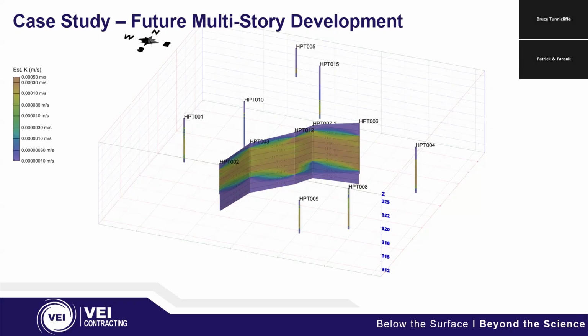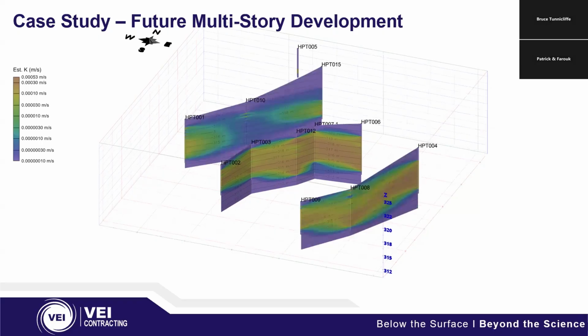Now this fence goes north to south, and then we start building upon this, and we have more fence plots that are going north to south. And you can see, as you go west to east across the site, the initial fence plot over here on the west does not have as conductive of zones, or it's not picking them up as much.